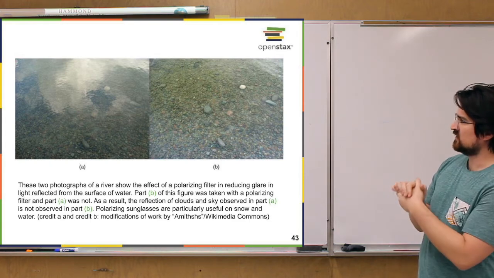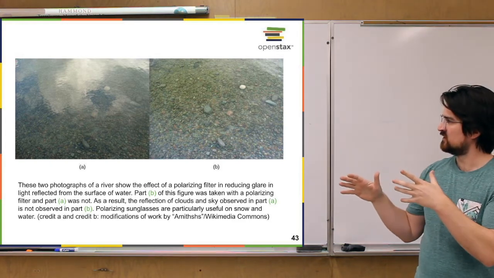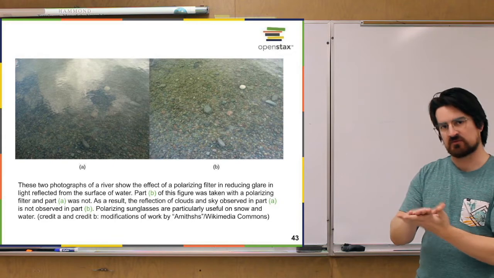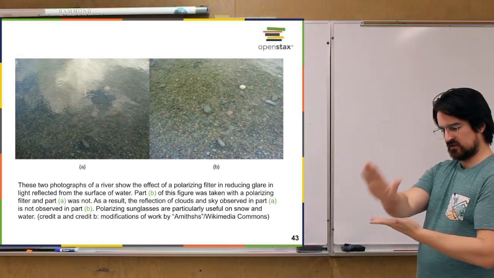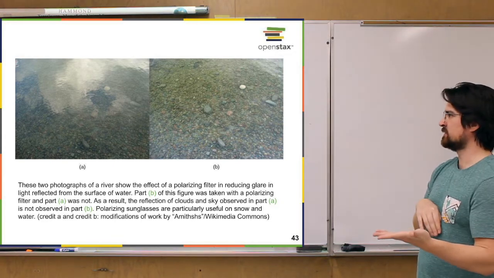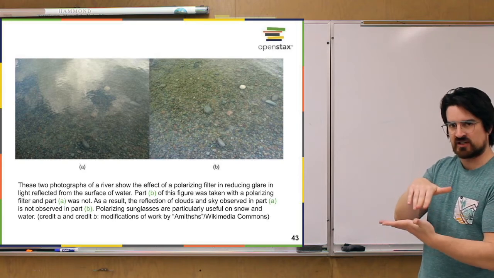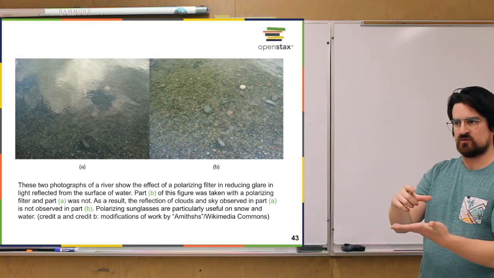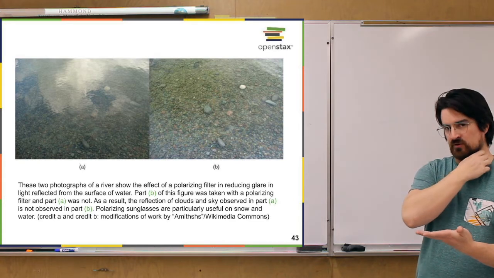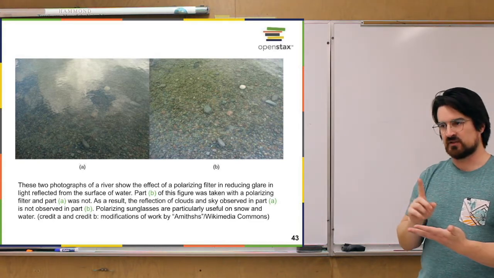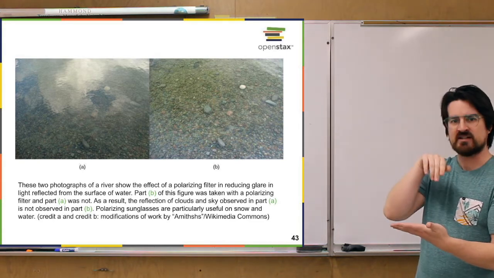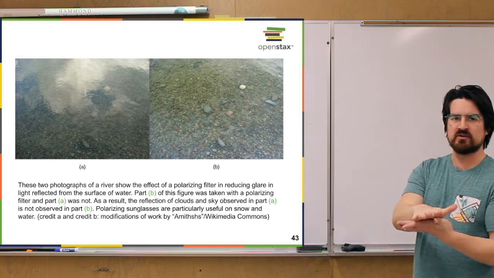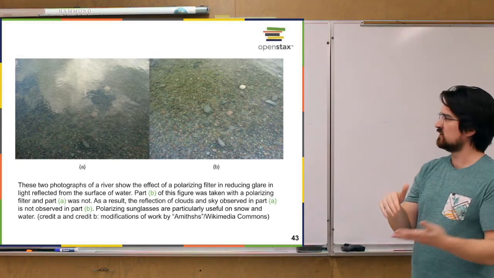On the left, you see the clouds, a bit of an image of the clouds, and that's the light that's reflected off the surface, now coming to your eye. But again, most of that light is horizontally polarized. So if you are wearing sunglasses that are polarized, and particularly polarized vertically, then it's going to cut down all that light, or whatever component is horizontal, which is most of it.